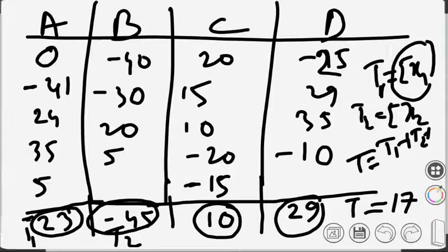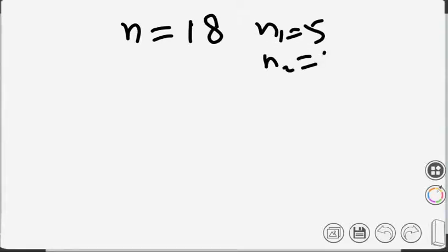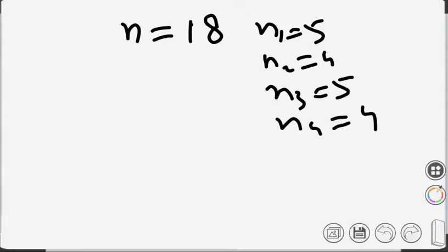Everybody has done it? Now we will calculate. How much is n? n1 is 5, n2 is 4, n3 is 5, n4 is 4, so n is 18.